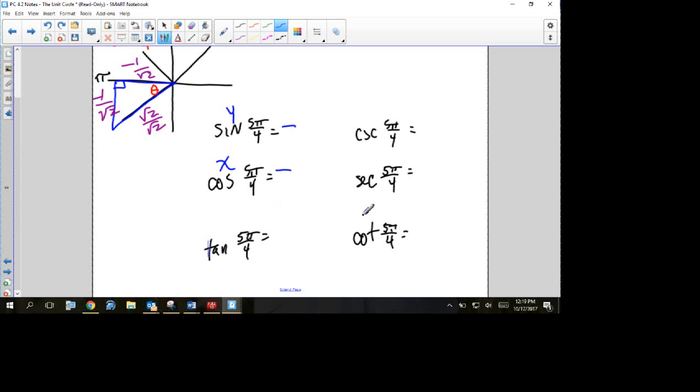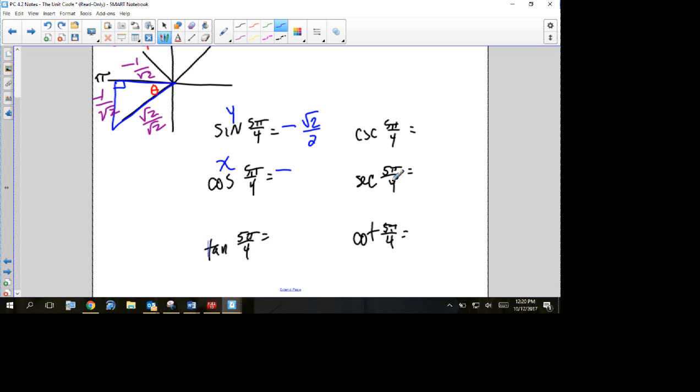Other than knowing that they're negative answers, that is the only thing that I need by this being in the third quadrant. If I know what the sine of 45 degrees is, I don't even have to look at this picture anymore. What is the sine of 45 degrees? Does anybody know? Radical 2 over 2. So this one's going to be negative radical 2 over 2 because it's in the third quadrant.